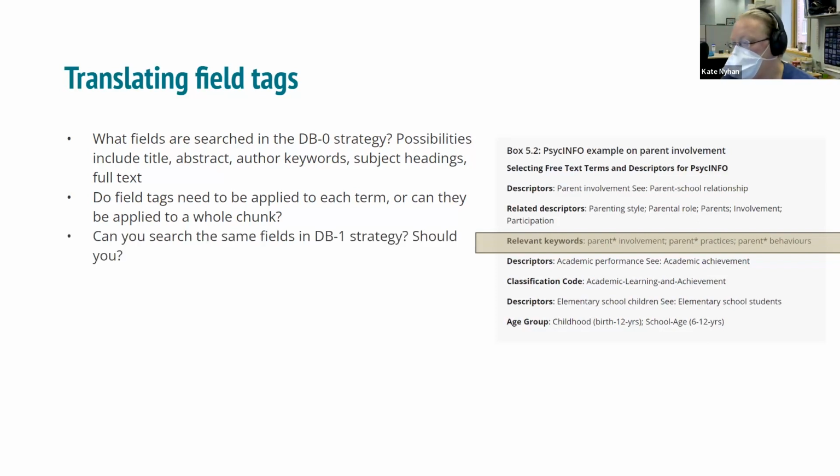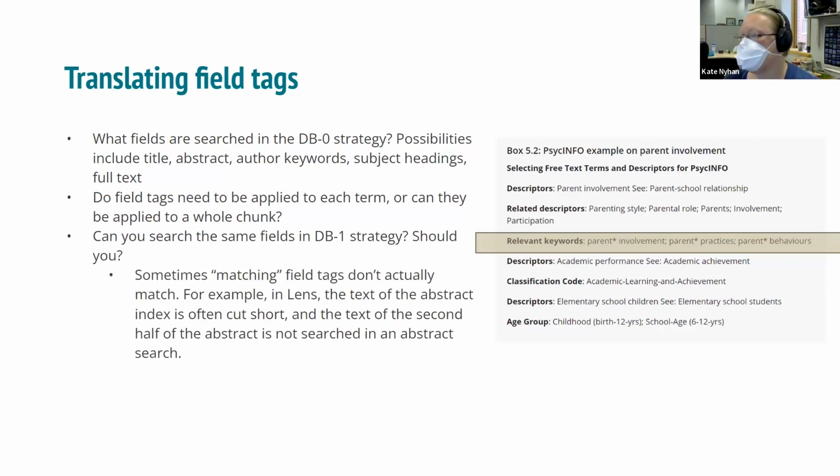It may be possible to search exactly the same fields. It may be possible, but a bad idea, to search exactly the same fields. And here's the reason why. These matching field tags might not actually match when you look at the implementation.